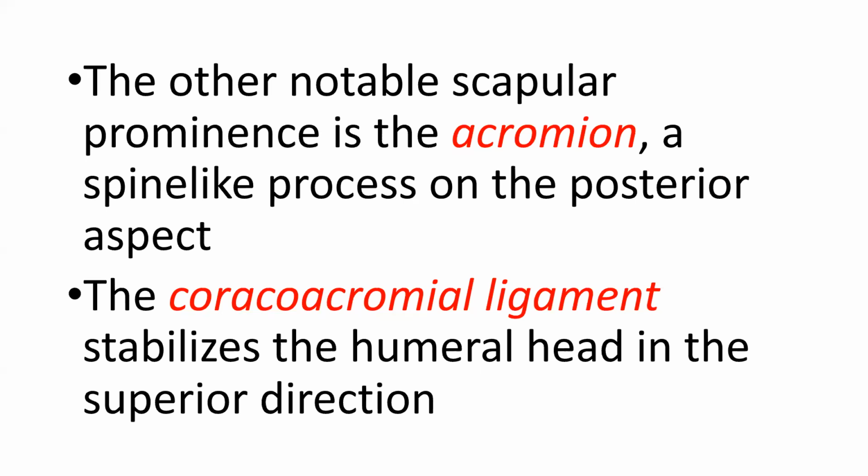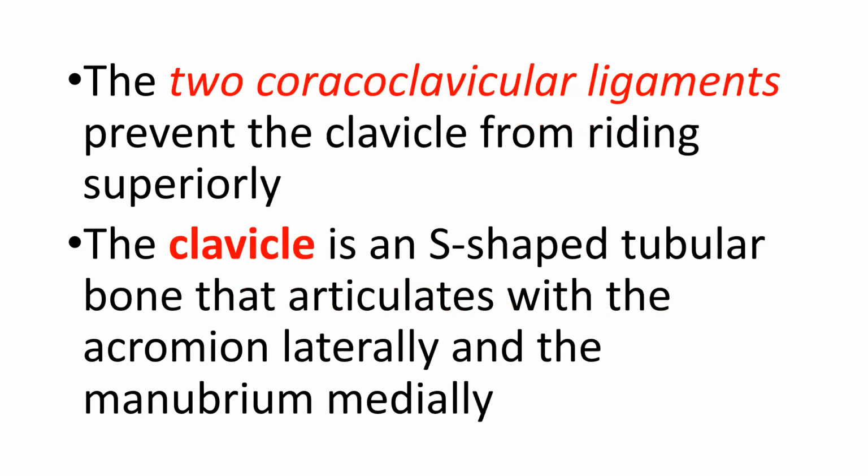The other notable scapular prominence is the acromion, a spine-like process on the posterior aspect, as I told you, and you should never forget about the coracoacromial ligament, and we should never attempt to dissect, resect, or cut it, as it stabilizes the humeral head in the superior direction.